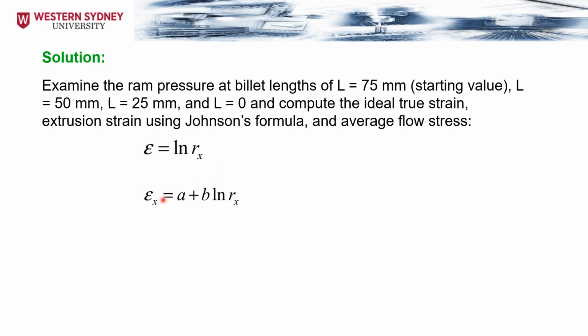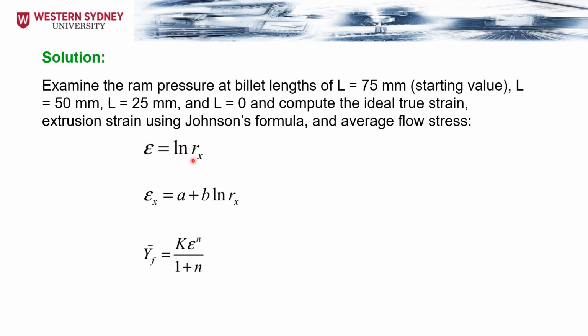The extrusion strain, by using the Johnson equation, is A plus B multiplied by the ln of the Rx. The average flow stress is going to be equal to K multiplied by the strain up to power n and divided by 1 plus n.